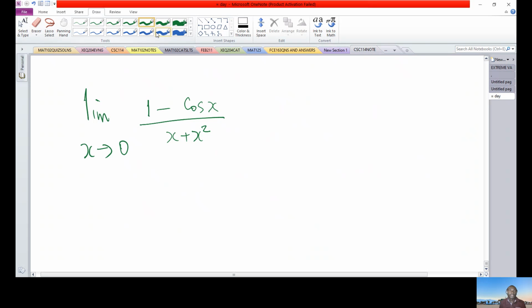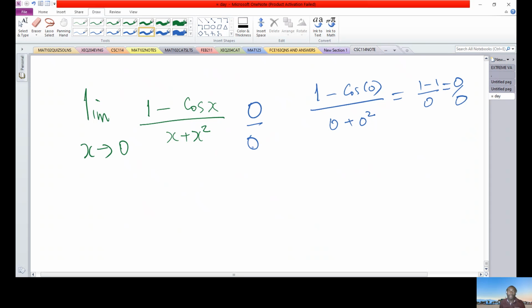So for this case, let's see whether you can apply L'Hospital rule. So we have 1 minus cos of 0 over 0 plus 0 squared. So this will give us 1 minus 1 over 0. So 0 over 0. So at this point, you are allowed to use L'Hospital rule because it's 0 over 0.